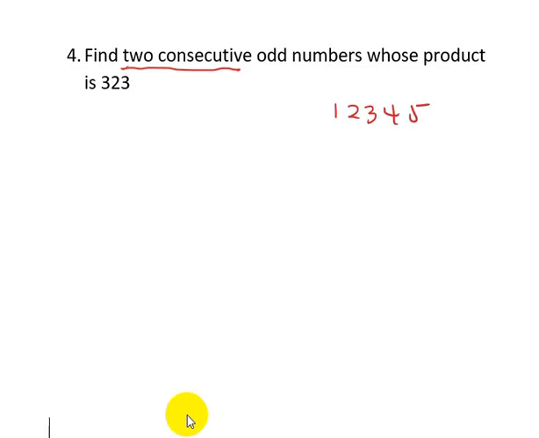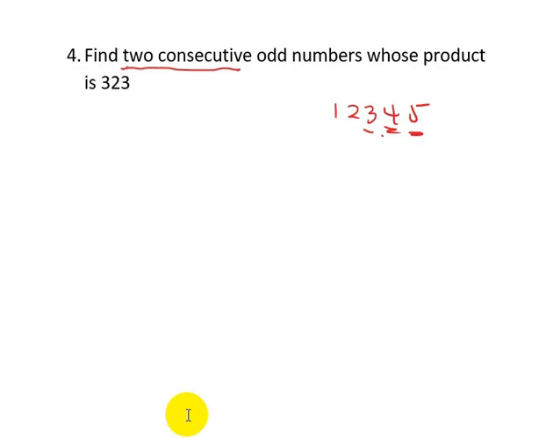They are following each other consecutively. 4 and 5, they are following each other. 3 and 4, they are following each other. So it's consecutive, right? One count before the other. So it means that the odd numbers that we are looking for, one follows the other. I hope it's clear.